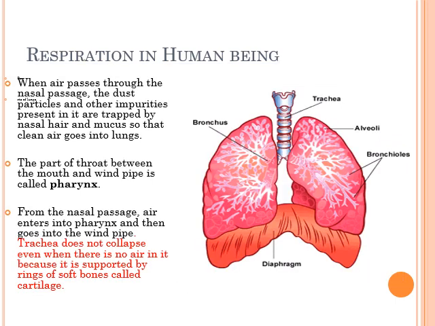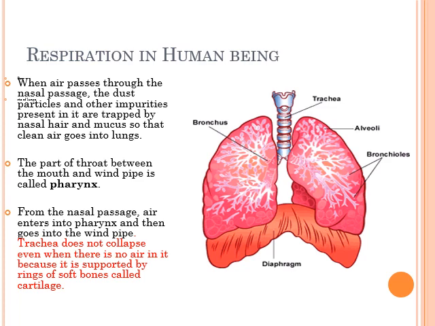In human beings, air is taken into the body through the nostril. The air passing through the nostril is filtered by fine hair, which I have already explained in the previous slide. When air passes through the nostril, it passes through the throat into our lungs.